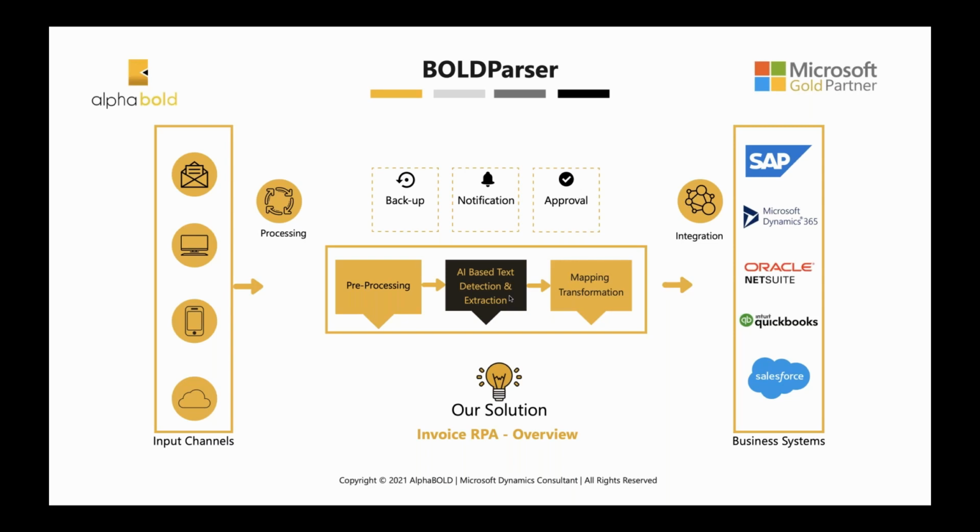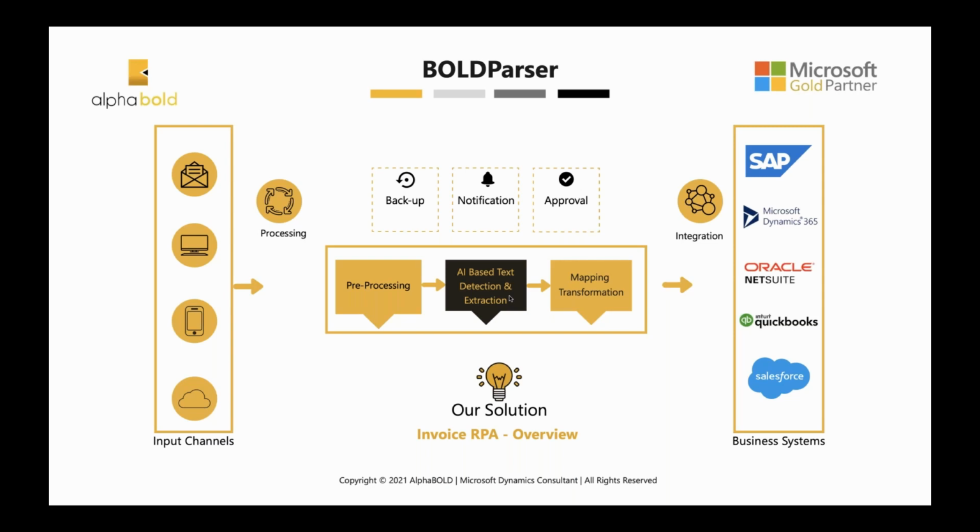Once we are able to extract the required information out of the PDF file, it's time to furnish this extracted information in the accounting system supported format. And lastly, we use special connectors to load or create the invoice in the given accounting system.